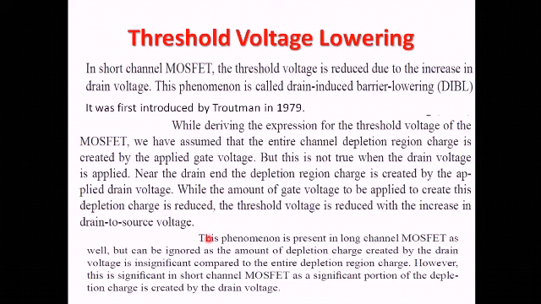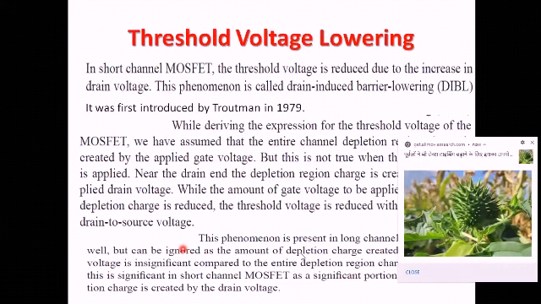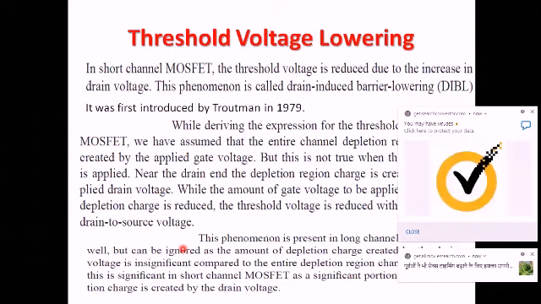This phenomenon is present in long channel MOSFET as well, but this can be ignored. Why? Because the amount of the depletion charge created by the drain voltage is insignificant compared to the entire depletion region charge.